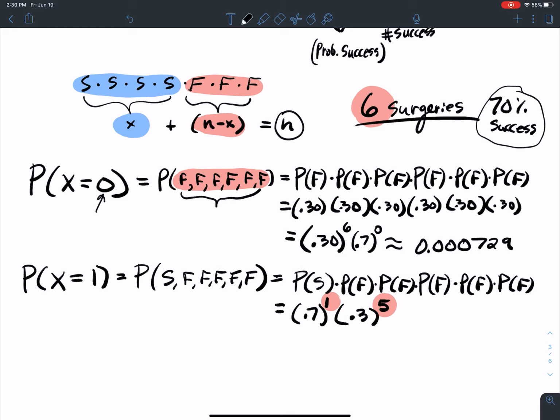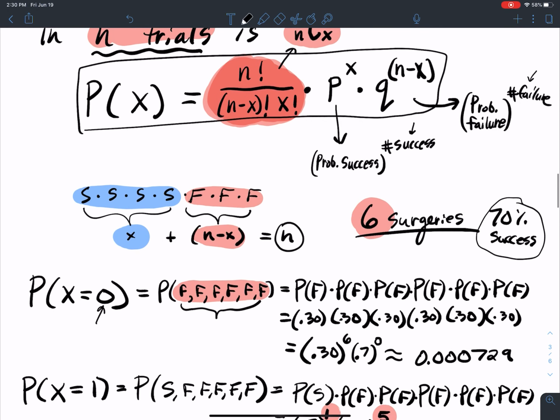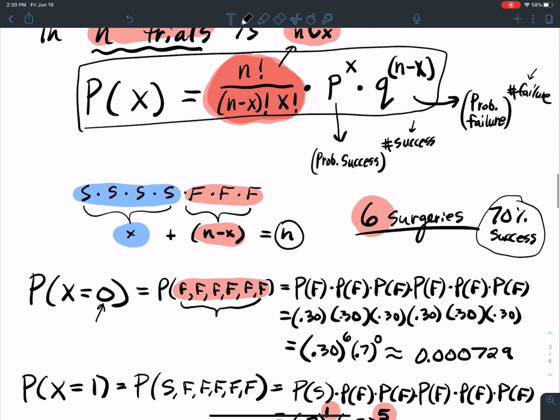If I plug that into my formula, that would be 6 factorial over 6 factorial times 0 factorial. Well, 0 factorial is equal to 1, and so you have 6 factorial over 6 factorial. If I divide something by itself, that's always 1. That's why there's only one way to rearrange all those failures.